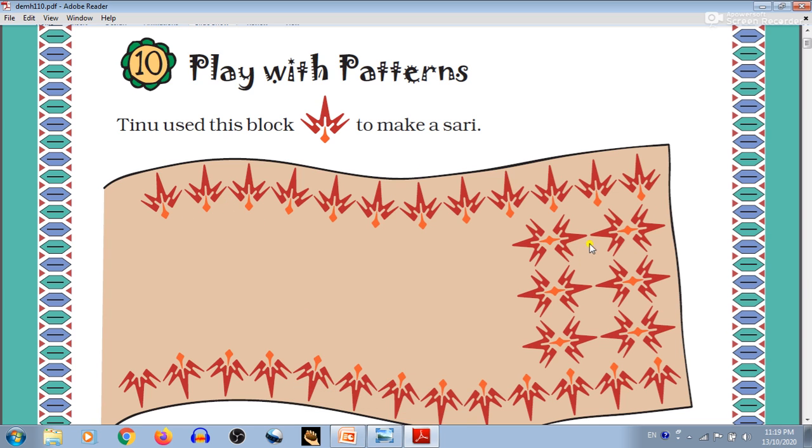This particular design is called a pattern, and what we use to make the pattern is called the block of that pattern. You see here this is looking like a leaf. So this particular picture is being used here to make this design. So this picture is called the block of a pattern.